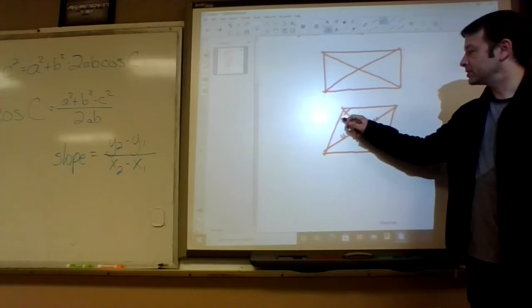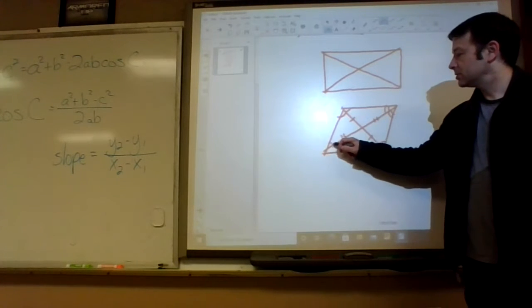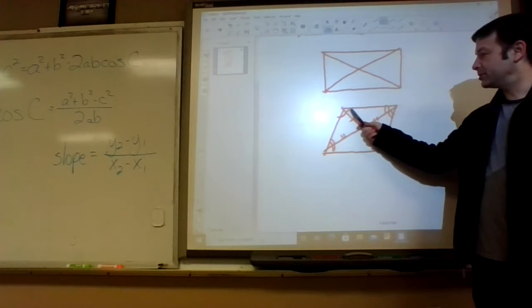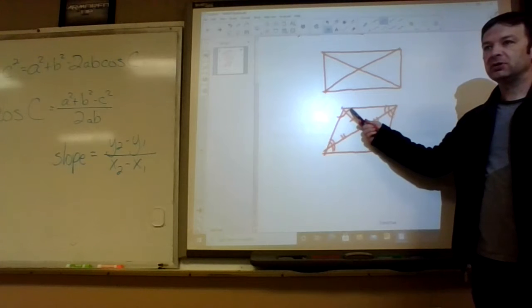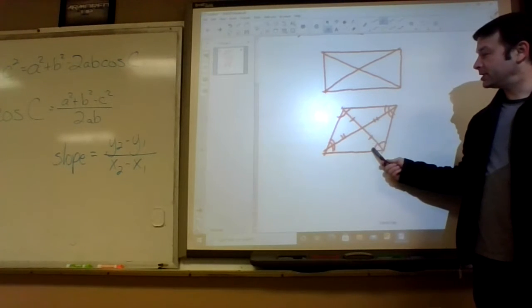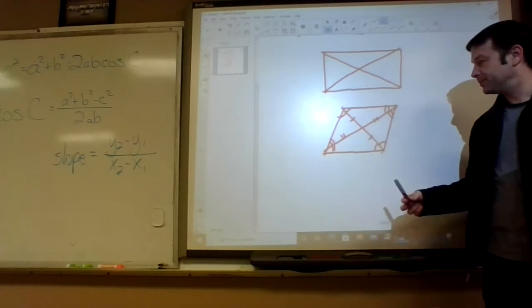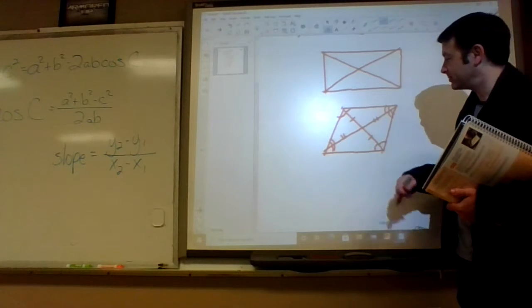And that angle is congruent to that angle. And because the lines are parallel, this angle would be congruent to that angle. This angle would be congruent to that angle because they're alternate interior angles with parallel lines. So really all four of these angles are the same, and all four of these angles are the same.